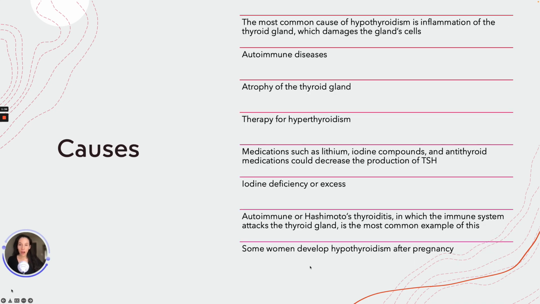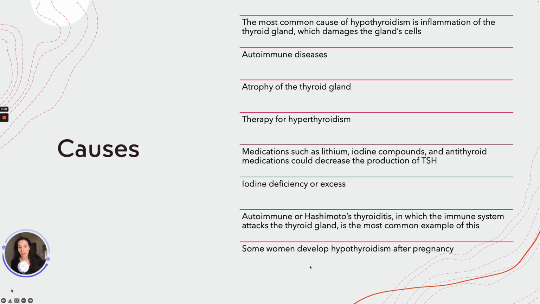So the different causes of hypothyroidism include inflammation of the thyroid gland, which damages the gland cells. There's also autoimmune disease. The most common form that causes hypothyroidism is autoimmune thyroiditis or Hashimoto's disease. We can have atrophy of the thyroid gland, in which the thyroid gland shrinks in size as a result of aging.